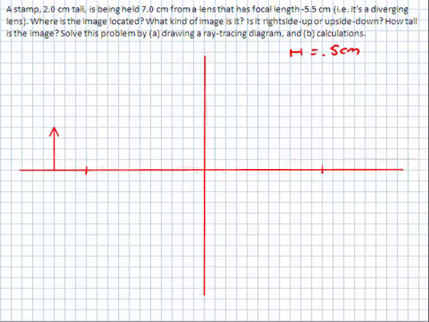So here we are, and we need to draw our principal rays then. Here's our parallel focus ray.